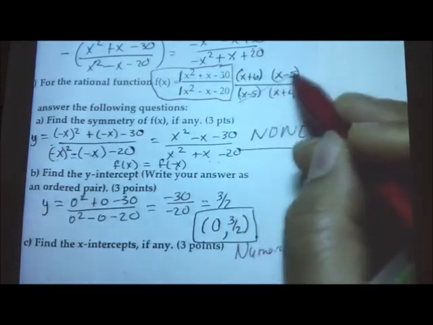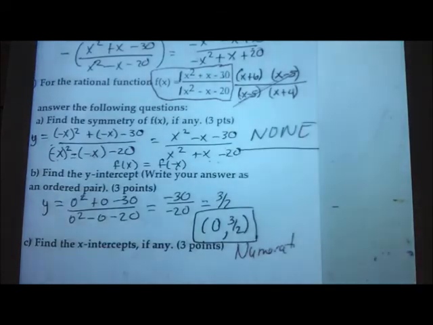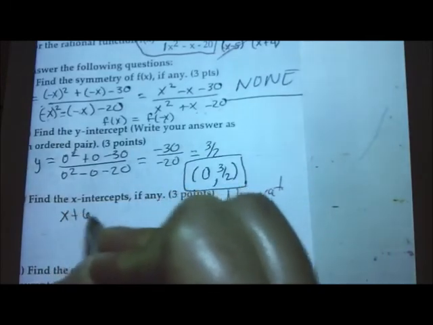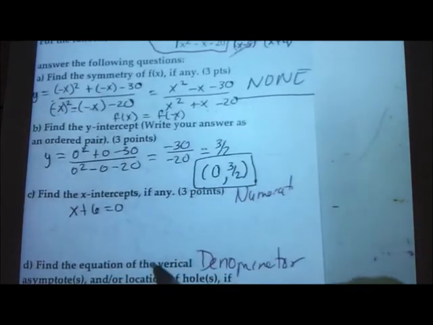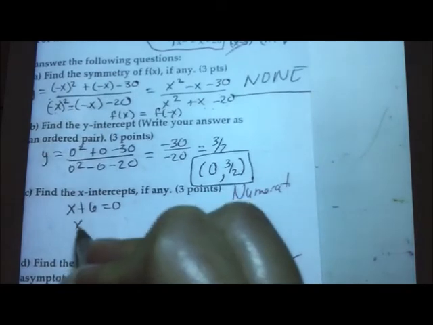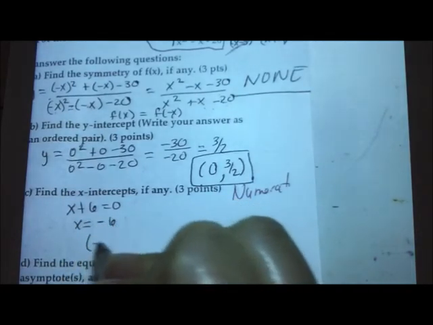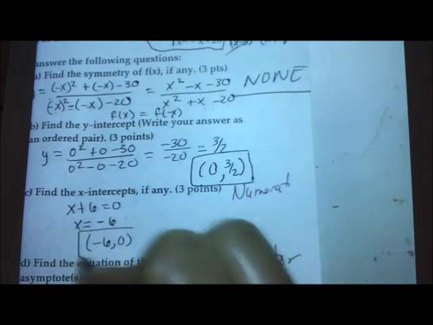The negative 5s are gone because they are a what? Denominator. A hole. So the only thing I have left over here is x plus 6 is equal to 0. That makes my x-intercept negative 6. My point is negative 6 comma 0.